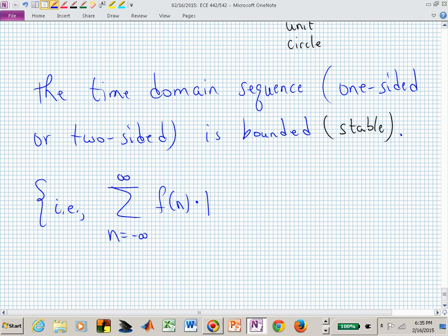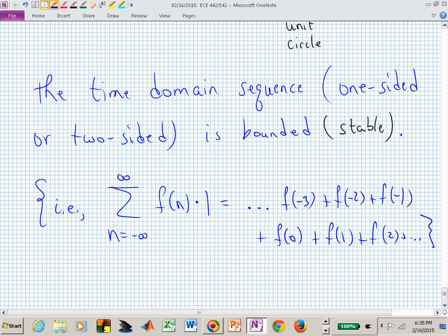And now we know that even though this is f of minus 3 plus f of minus 2, because the z was in the region of convergence, that means by definition that this is bounded. All of these, since they're scaled by 1, those are bounded.